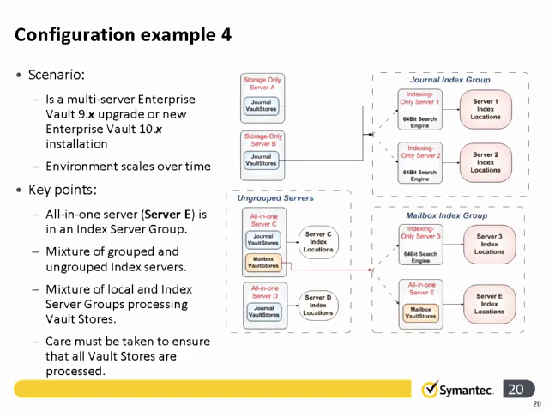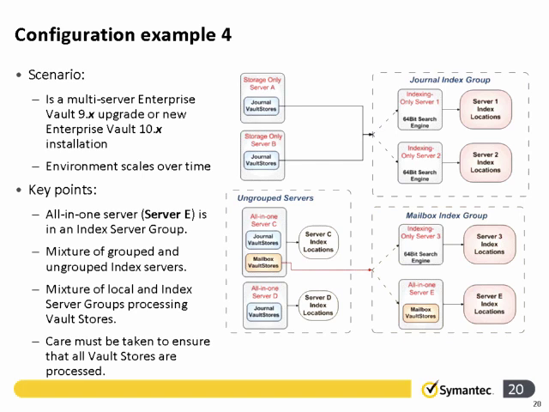For configuration example 4, we're showing you an even larger scaled environment, and in this larger scale environment I'm going to include ungrouped servers as well as indexing only and storage only servers together in an environment. So in this example at the top, it's the same as the previous slide. I have the 2 journal mailbox stores on storage only servers, the 2 indexing only servers in the journal index group.